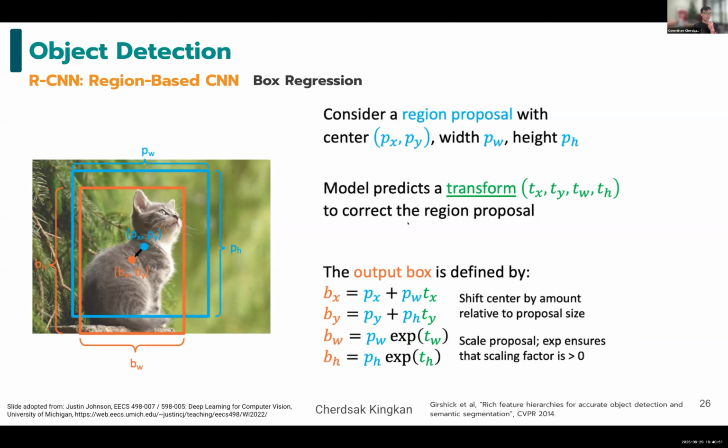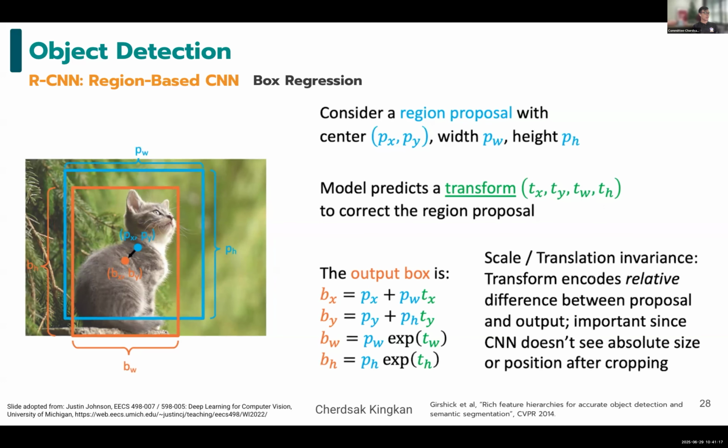The blue one is the ground truth, and the output one is this one. What we want to do is minimize this transformation to be as close as possible to the ground truth. This is what the model is trying to predict.